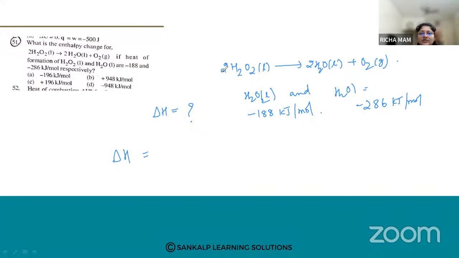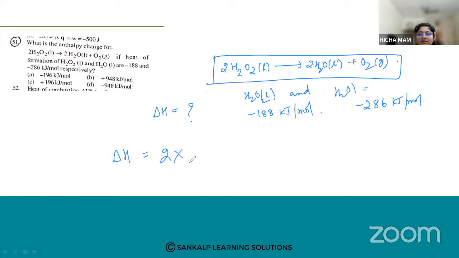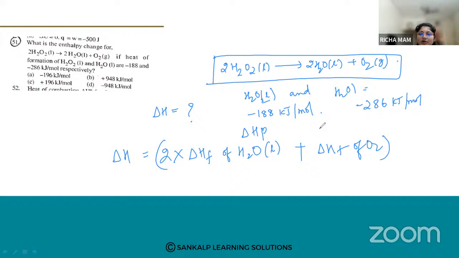It is delta HF of the products, 2 into delta HF of H2O liquid plus delta HF of O2, minus delta HF of the reactants.